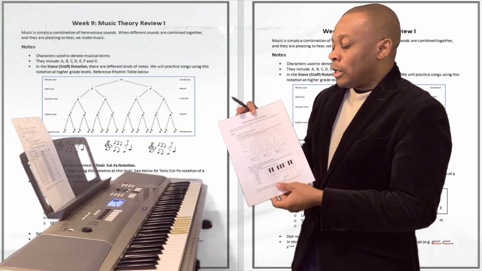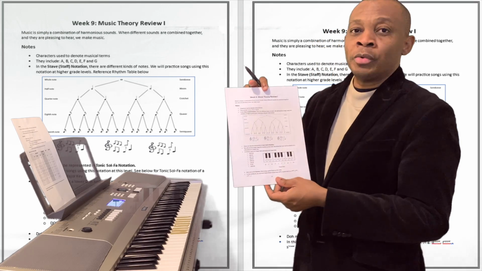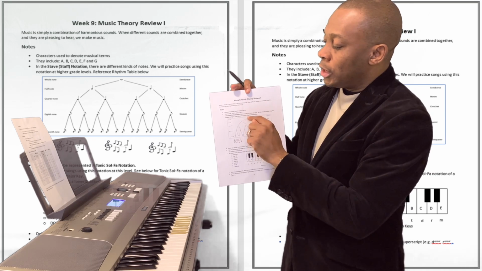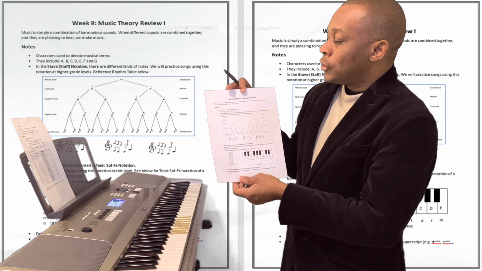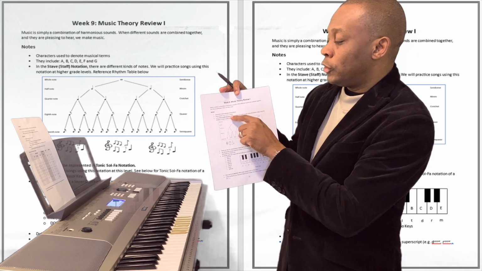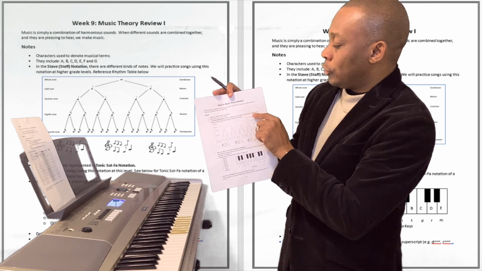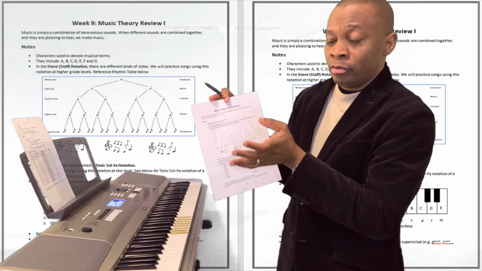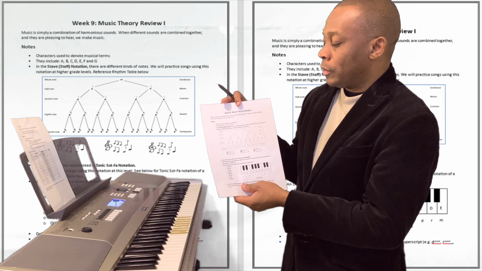Another thing you want to remember is the duration of notes, which is what we talked about over here. We call it the notes hierarchy. In the stave notation, there are different kinds of notes. We will practice songs using this notation, and that's what we've been doing for the past couple of grade levels.